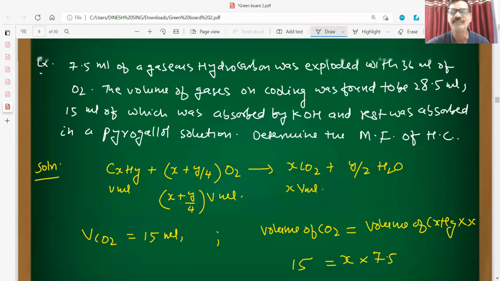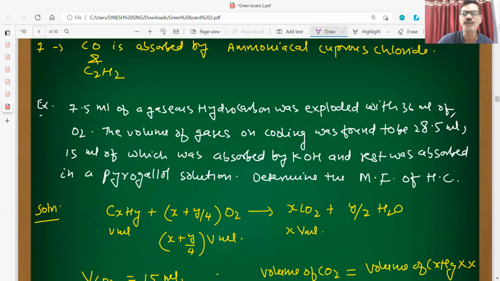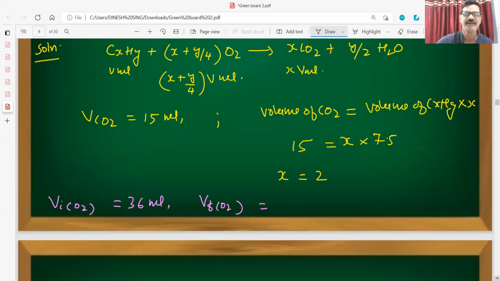This is given here. After cooling the total volume was 28.5, out of which 15 ml of the gas volume is absorbed by KOH. So the remaining will be the volume of O2, because it says the rest was absorbed in a pyrogallol solution. So 28.5 minus 15 is 13.5 left. That is unreacted. Final volume of O2 is 13.5.